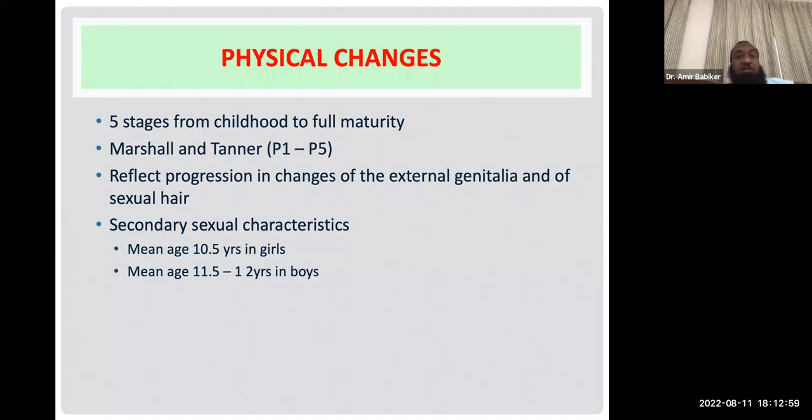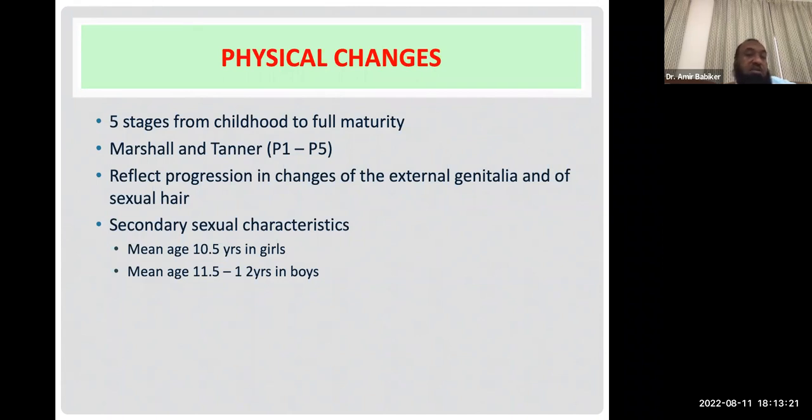These are looked at from one angle as primary sexual characteristics or secondary sexual characteristics. The primary are the organs that are dependent on the sex hormones, with a direct effect by the sex hormones.